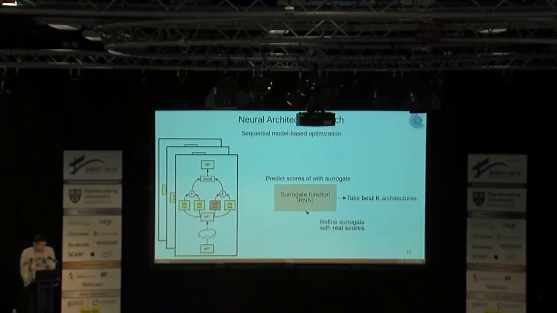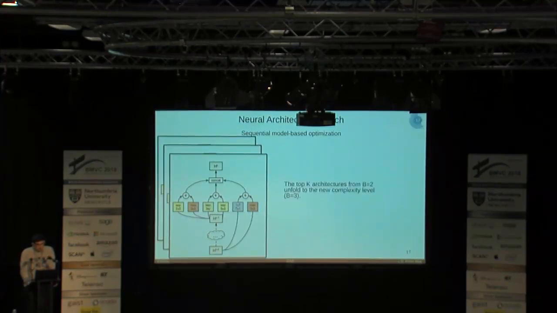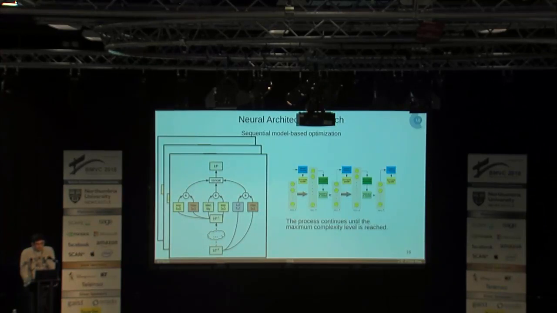Then you use those to refine the surrogate function by training it again with those real scores. And then you unfold again to the next complexity level. This process repeats until you reach the maximum complexity level of your neural network.